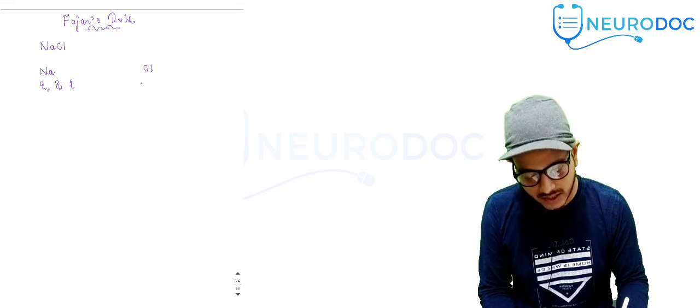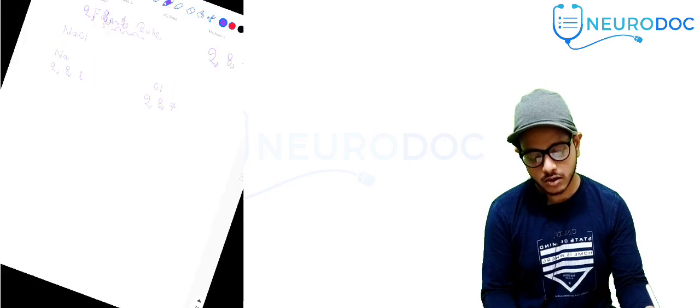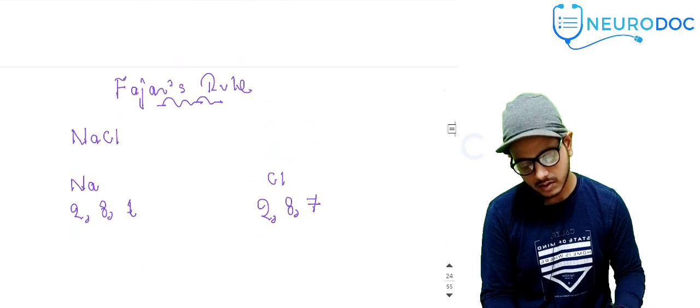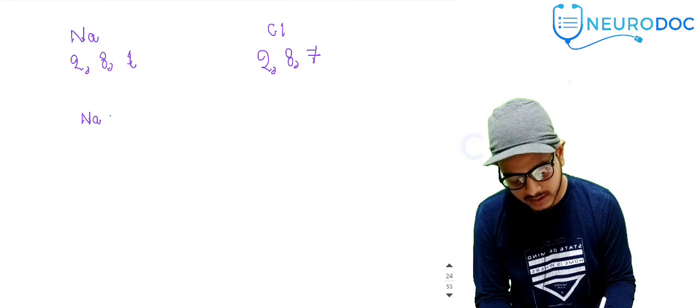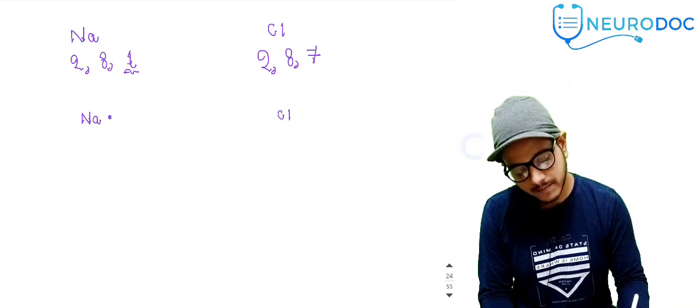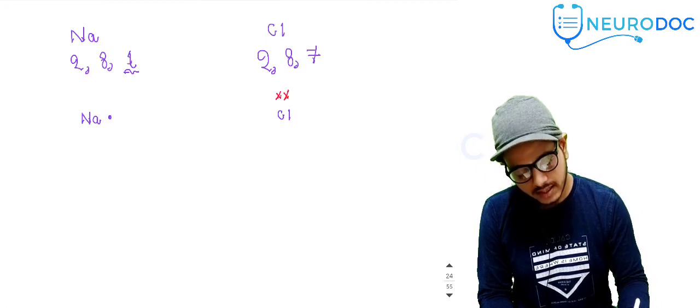Chlorine has electronic configuration of 2, 8, 7. Now what happens? Sodium loses one electron. Let me just show the Lewis symbol. This is sodium. This is chlorine.